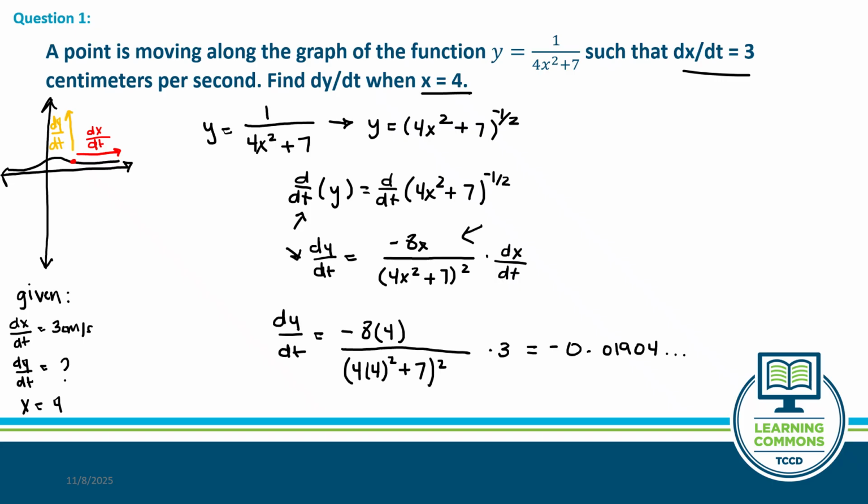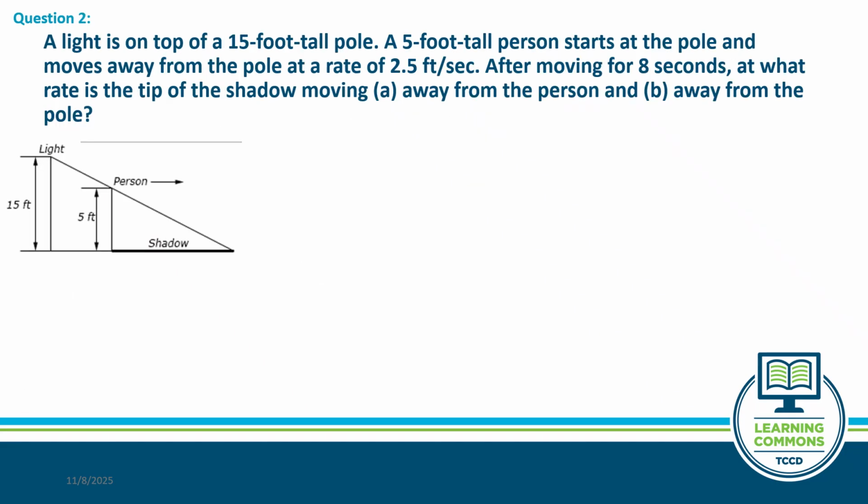I would say 0.019 is acceptable. But just for giggles, that is dy/dt, and that is your final answer. Now, I will say I didn't see more than 2 related rate problems on here. They shouldn't be too terribly crazy. This one, the second one, is a little bit more similar to what you're going to see.